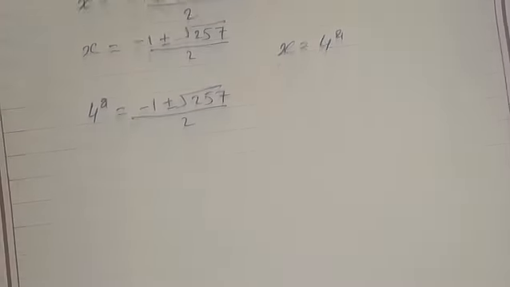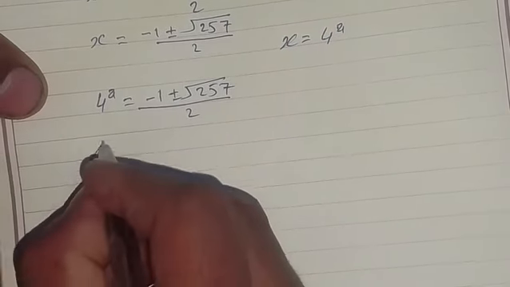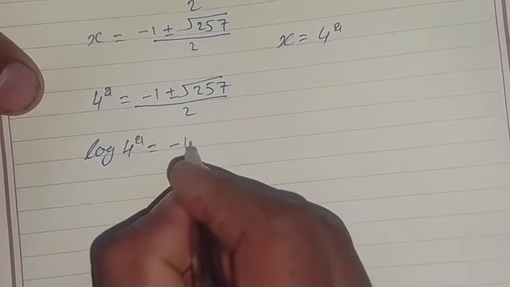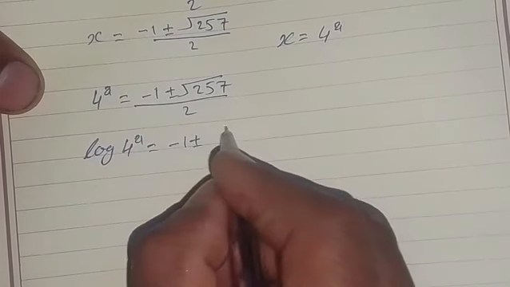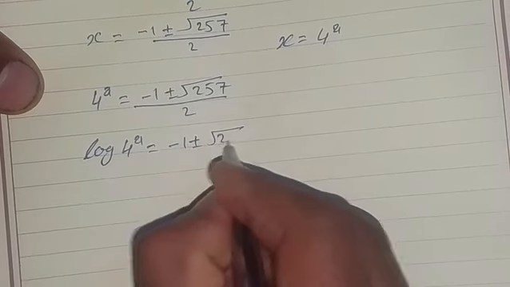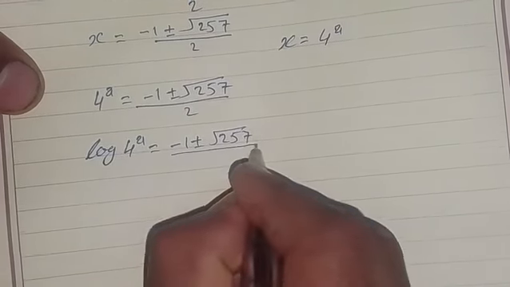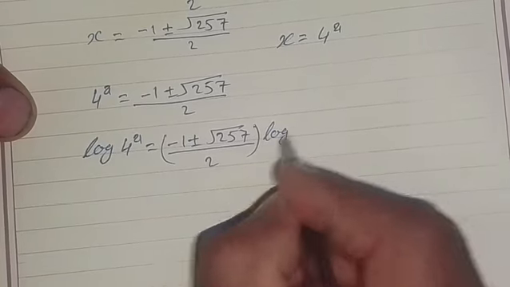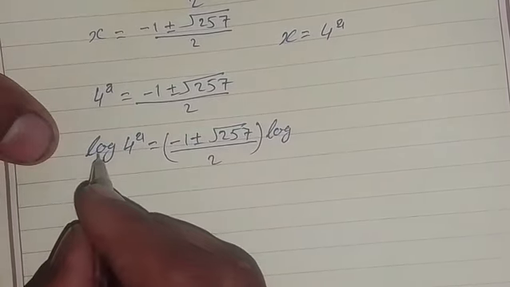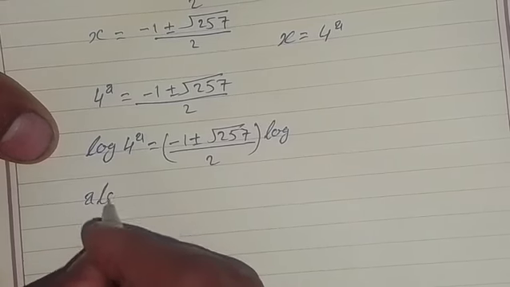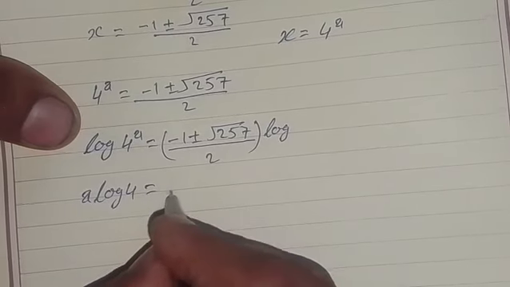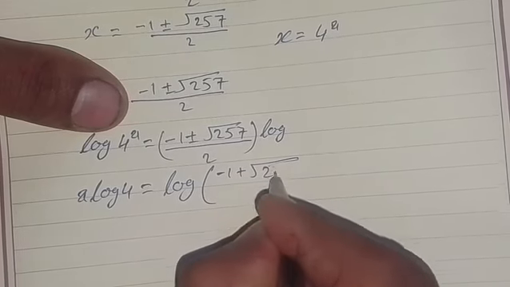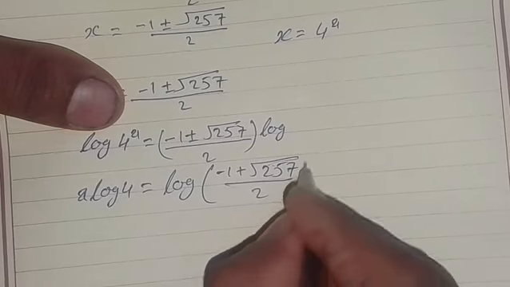Now taking log on both sides, so a log 4 = log of ((-1 ± √257) / 2).